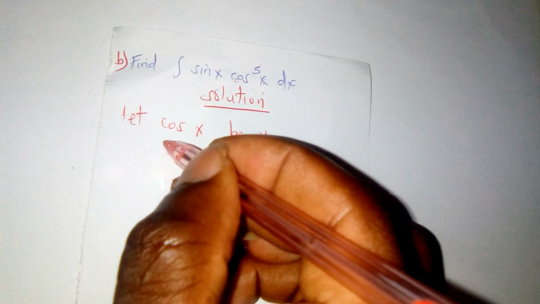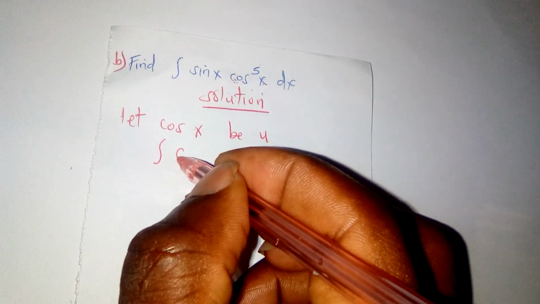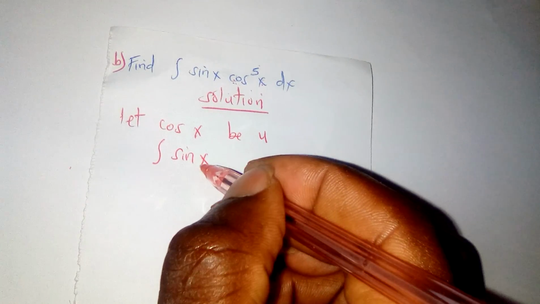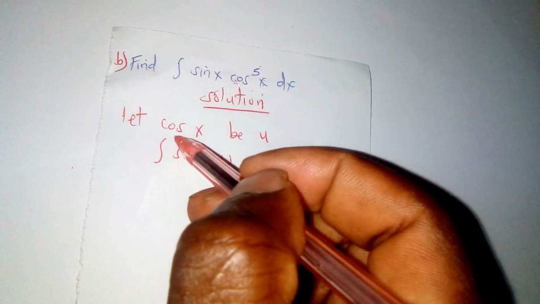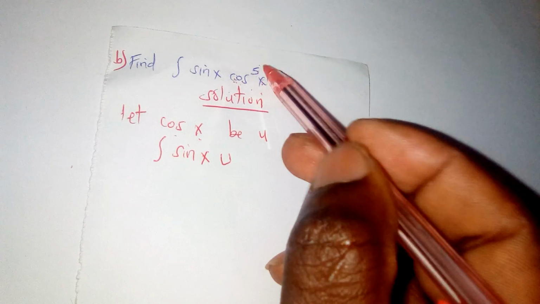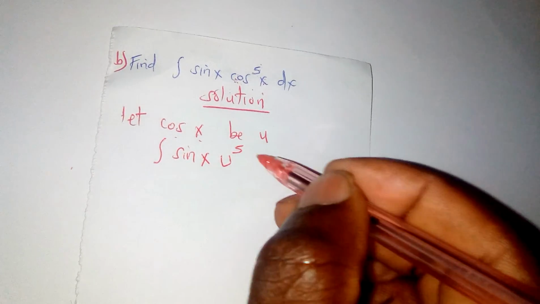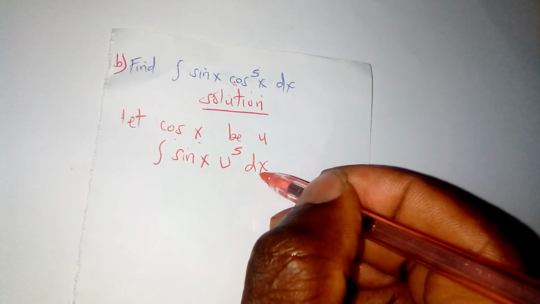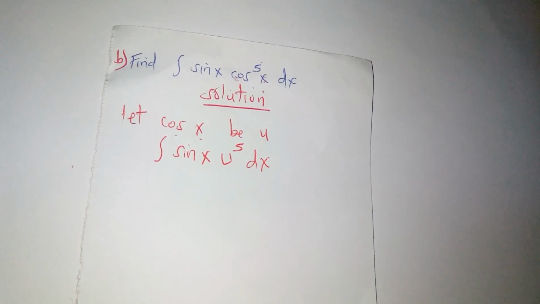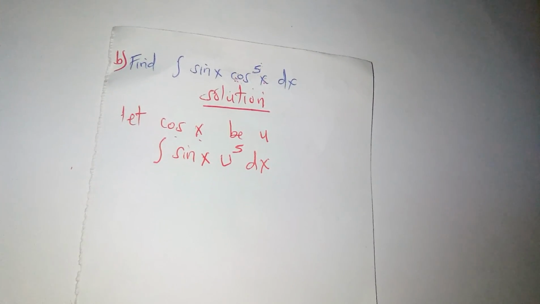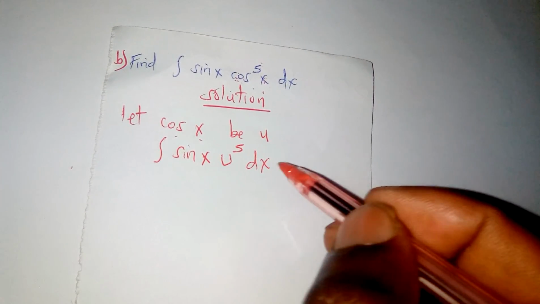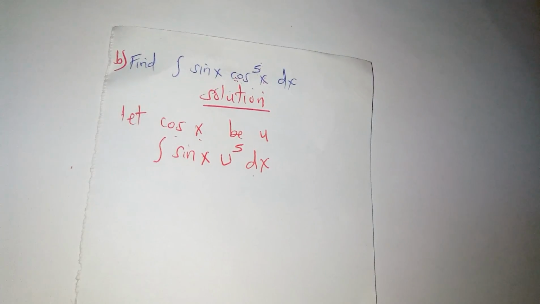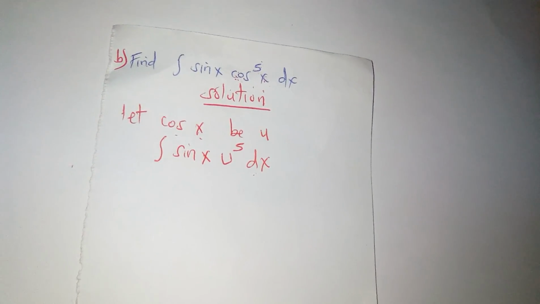So I'll come now here and say it is the integration sign of sine x, then u raised to 5, since cos x is u, then I have my dx there. Now friends, after reaching there, your work is very easy, because I've told you that the method is substitution. You are required to differentiate in that you have dx on one side, and therefore how can I do such?